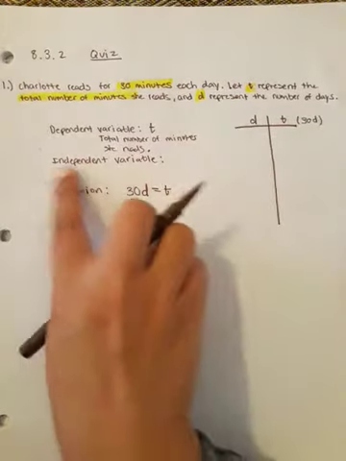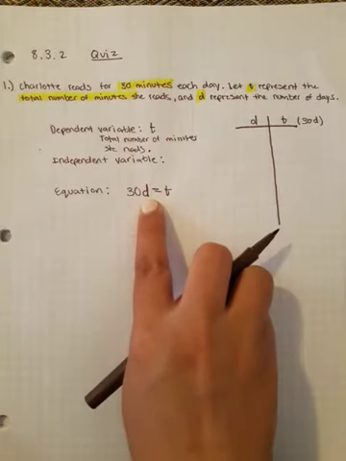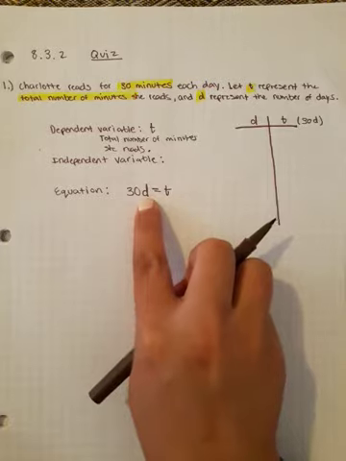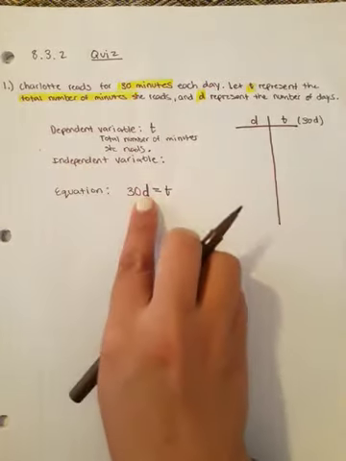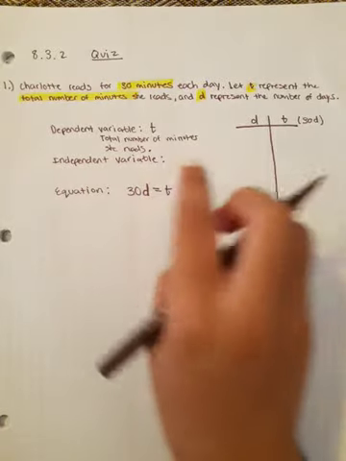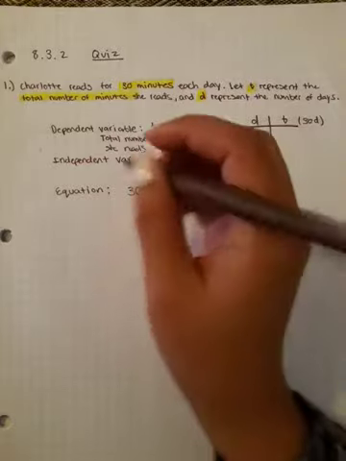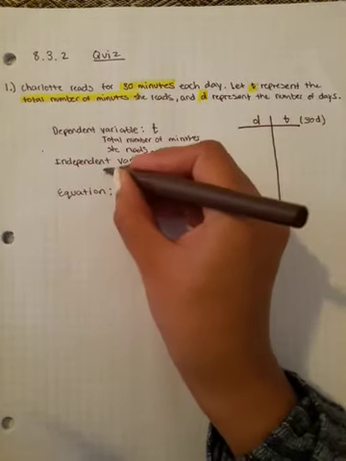And an independent variable can be any number. It's independent. D. Because it can be 1 day, 2 days, 3 days. It doesn't matter. It's independent. It's any number. It doesn't depend on anything. So independent variable is D. And D represents the number of days. So the independent variable is the number of days she reads.